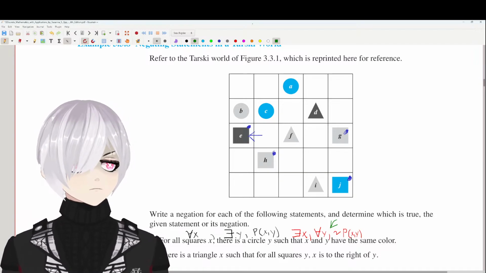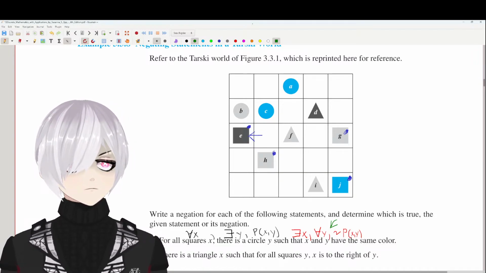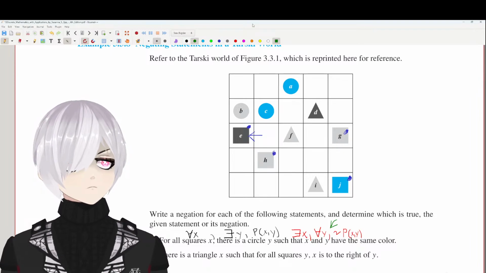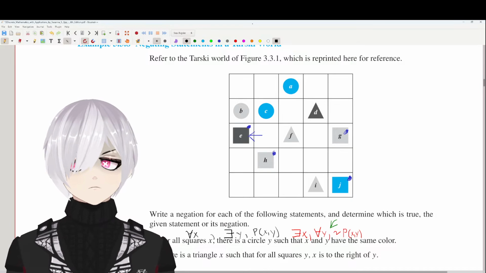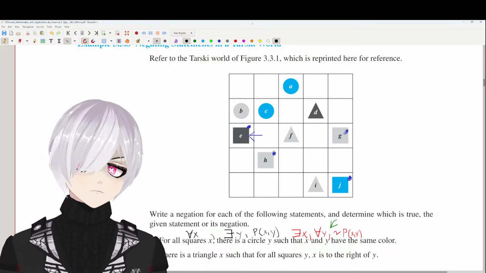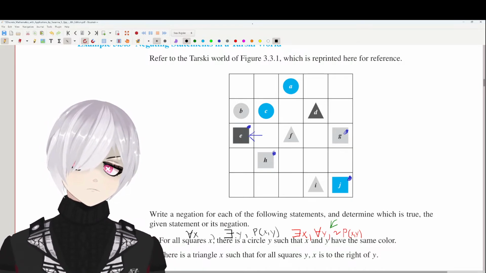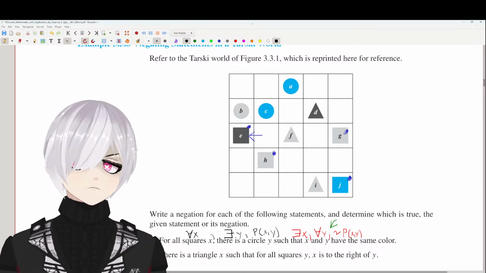Suppose one of them is false, that means the negation is true. And suppose one of them is true, then the negation is false, just by the rule of negation from propositional logic. And each of them has to be either true or false. They can't be neither true nor false. So by that fact, one has to be true, one has to be false.